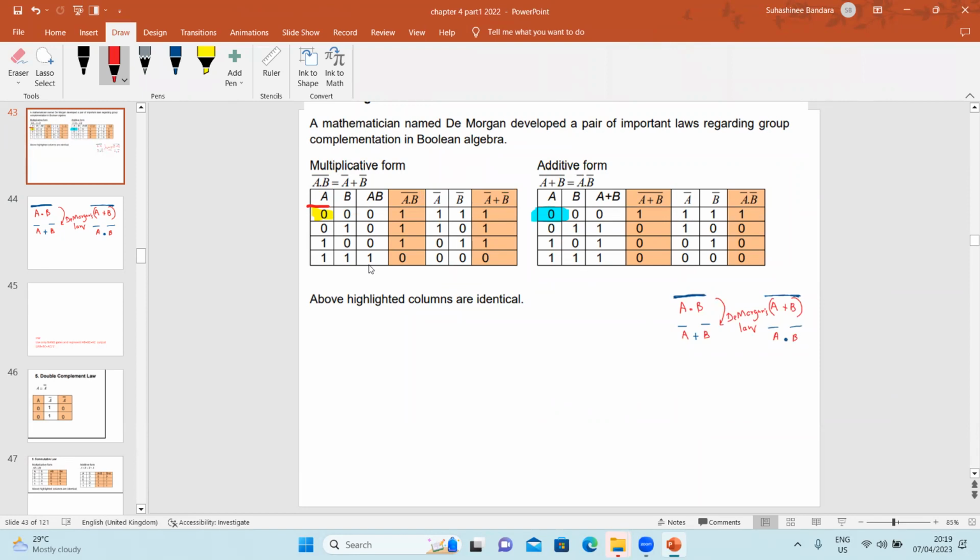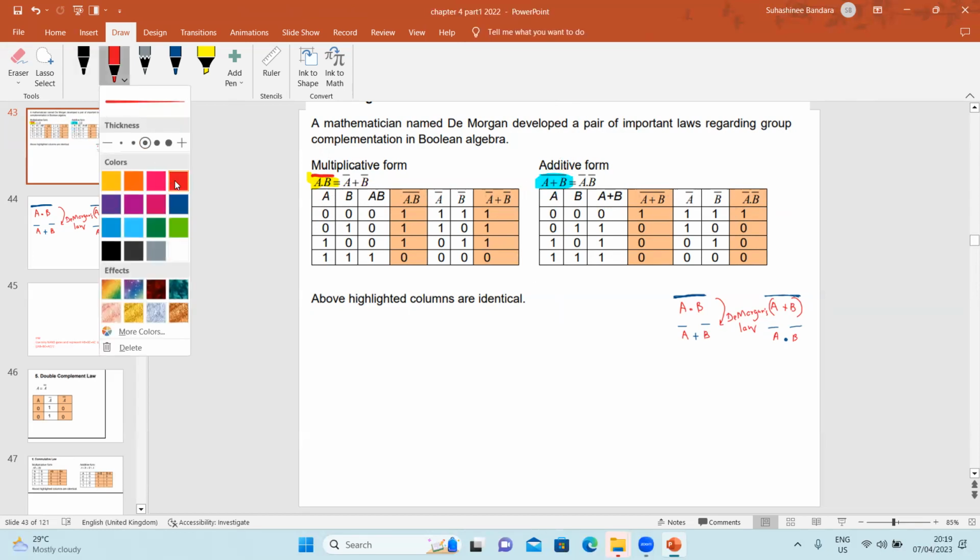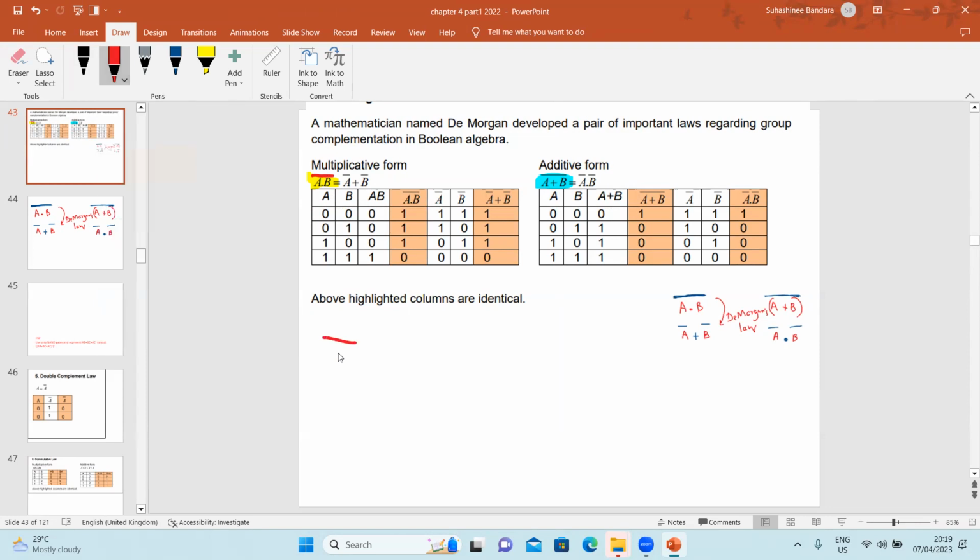A dot B. Input A, input B, both are going through multiplication and bar.